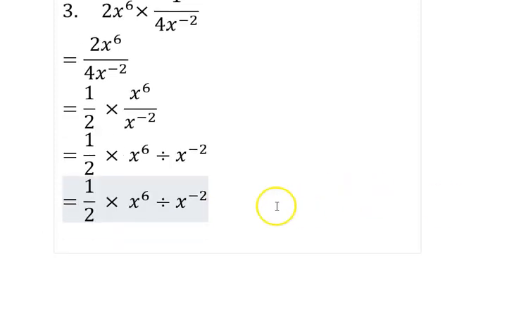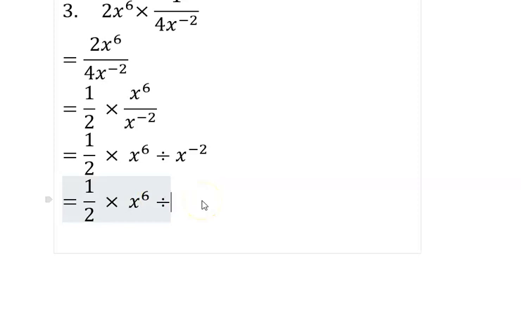So now apply one of our laws. If you have the same base, different power, and you are dealing with division in between them, all you need to do is take the base and subtract the power. Sorry, if it is multiplication, you add the power. Now it is division, you subtract the power.